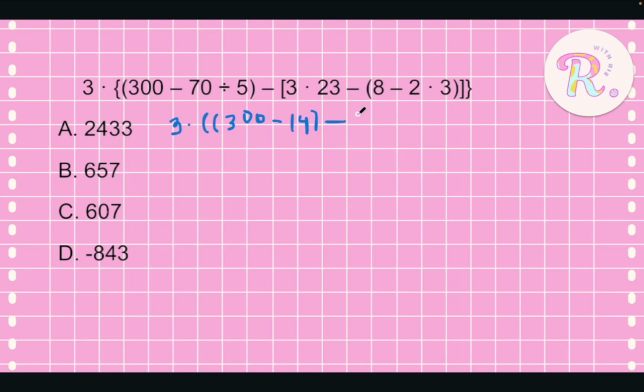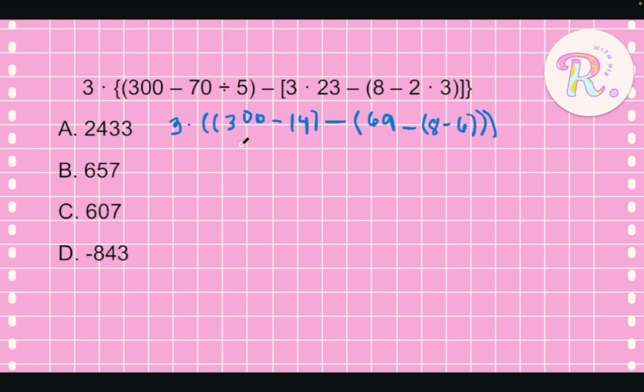Okay? So let's move on to this one. We have there 3 times 23, that's 69, minus 8 minus 2 times 3, okay, 6. And then we're simplified now already right here. There's this one pa pala.